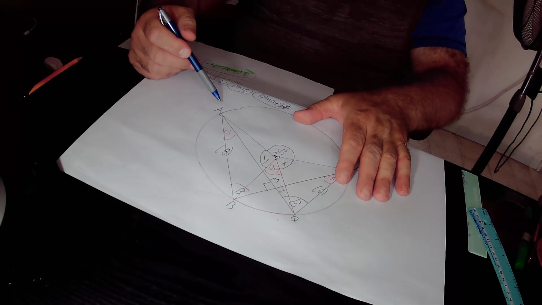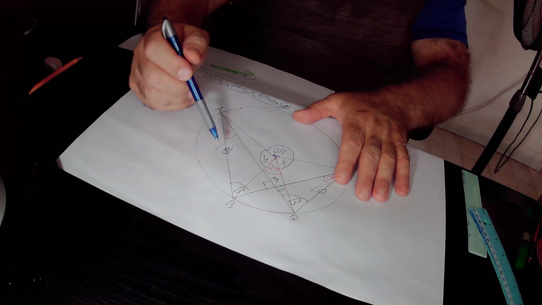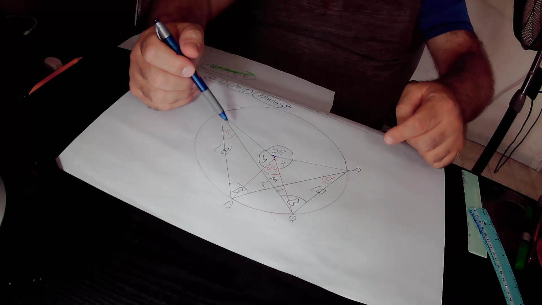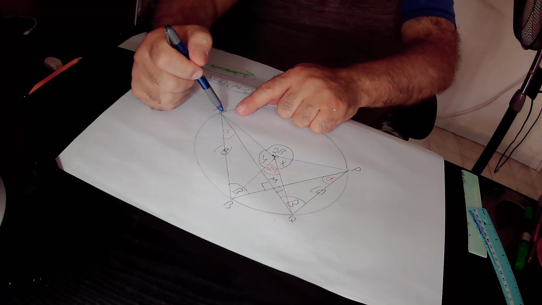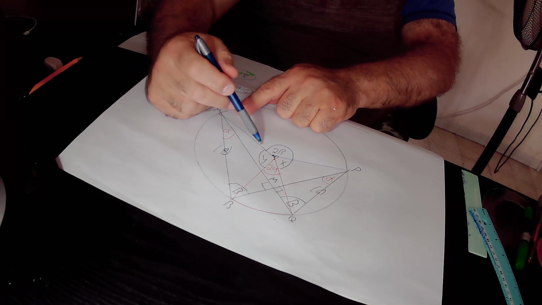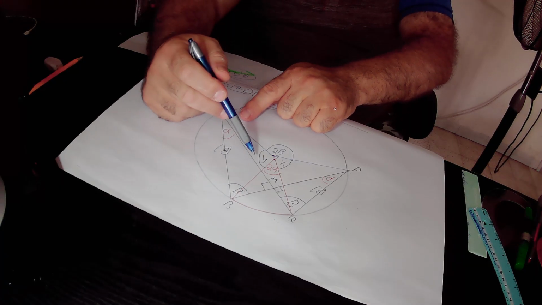So if we focus on this right triangle AOB, the sum of the angles in this triangle must be equal to 180 degrees.